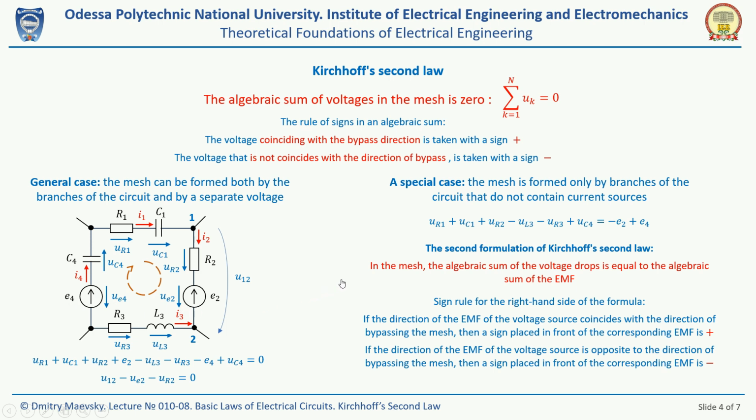That's why we can say that in the mesh the algebraic sum of the voltage drops is equal to the algebraic sum of the electromotive forces of the voltage sources.